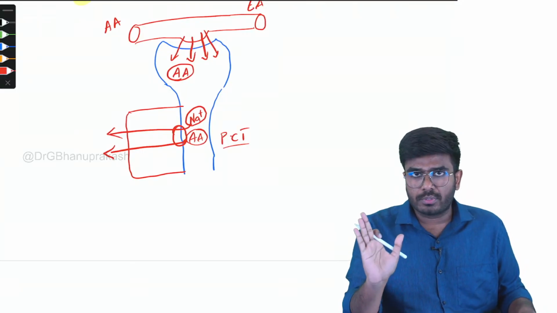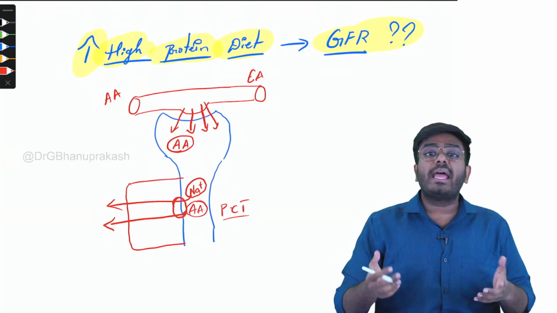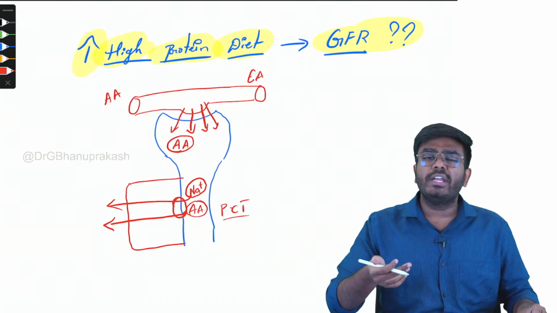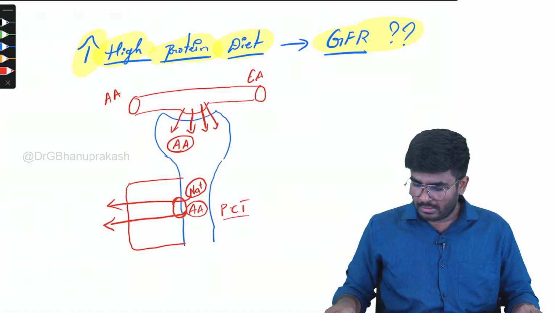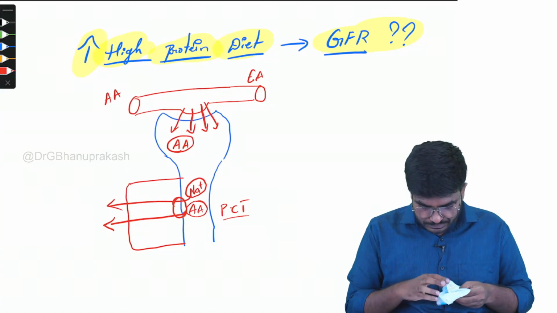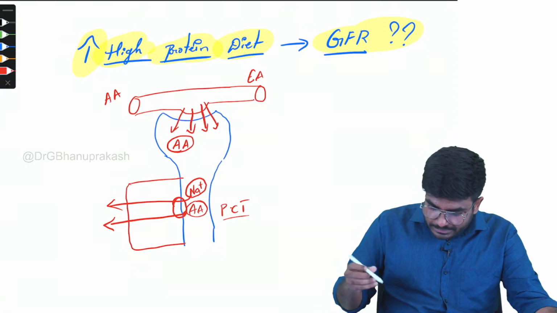So now tell me, based on this concept, what happens if you eat so much protein? If you eat so much meat, what will happen? Think logically and tell me, guys.